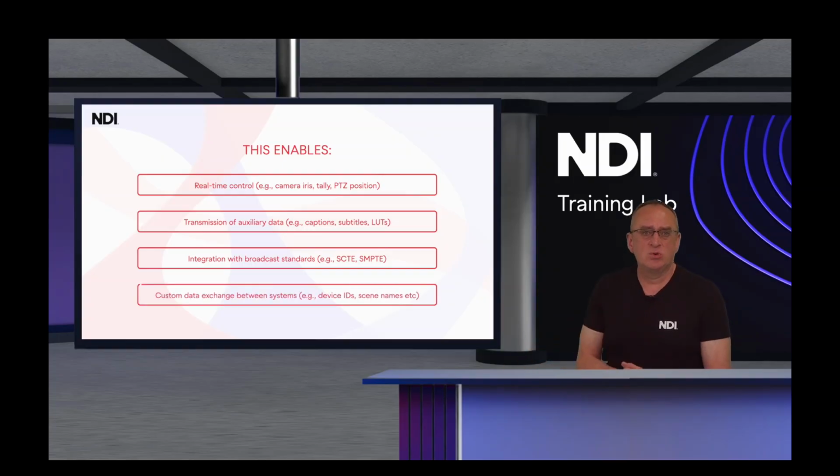Custom data exchange also happens between systems, for example, like device IDs, scene names, tracking info, and so on. And this design is really efficient. Not only that, it's backward compatible and forward compatible. Unrecognized metadata is ignored, ensuring smooth communication between devices even when new features are added.